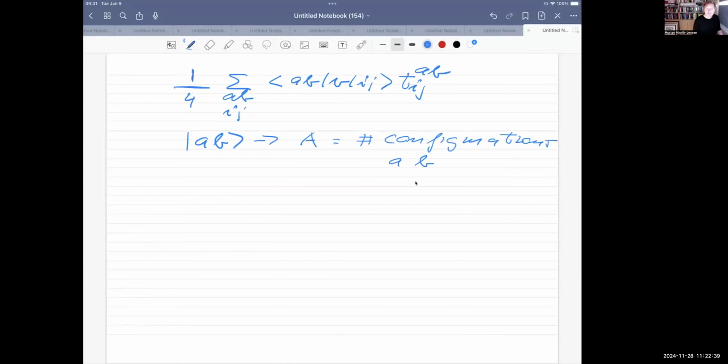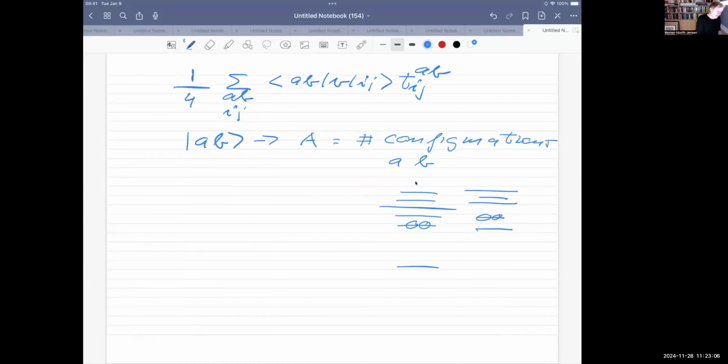If you think back to the pairing model, then this a and b would then represent one of the possible Slater determinants which we could make with two particles. So suppose now that we had this system here where we have only two particles, and we don't break a pair. So that means that this will be one possible configuration. And if we don't break a pair, this could be another one.